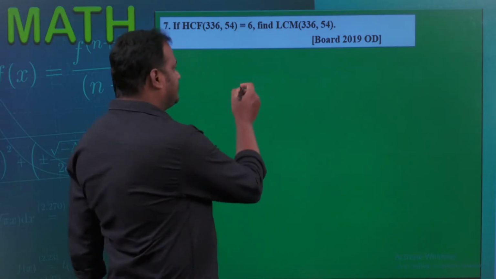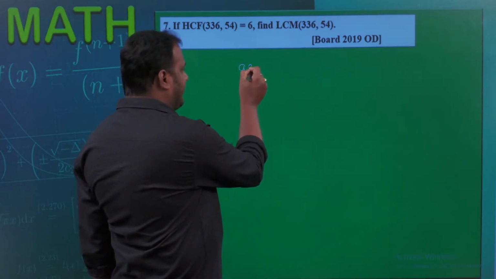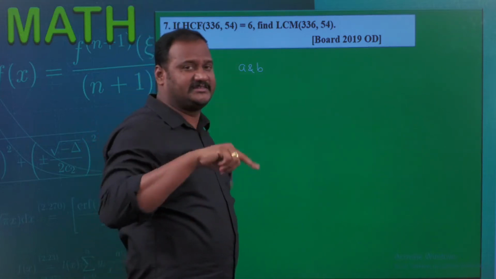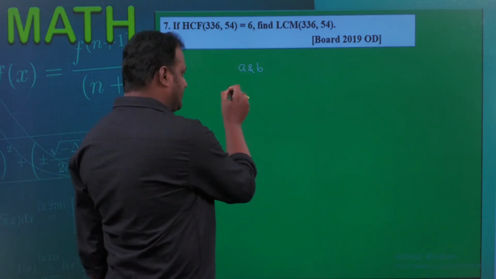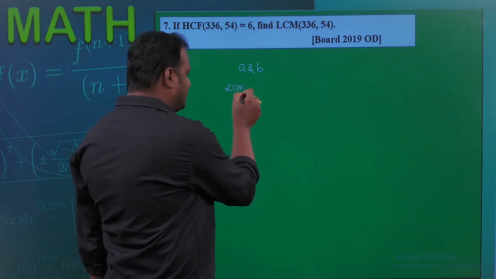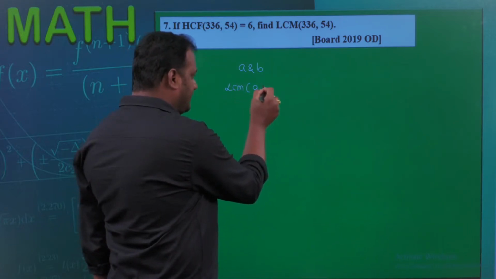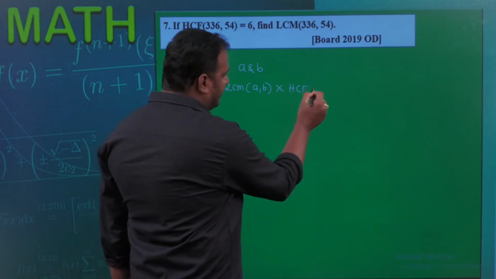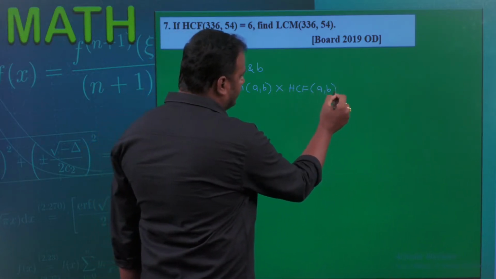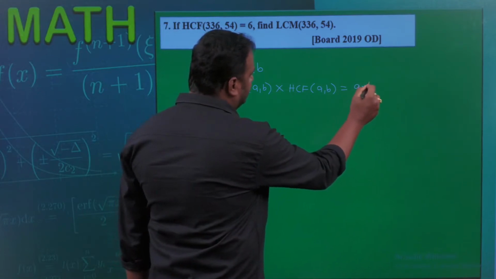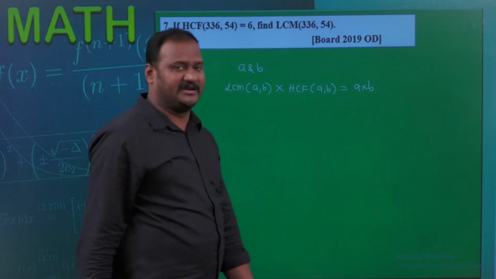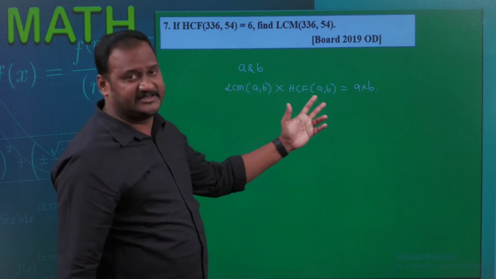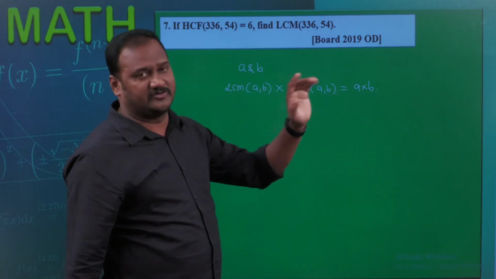If your two numbers are A and B, then the relationship is: LCM of A, B multiplied by HCF of A, B is equal to the product of the two numbers, A multiplied by B. So, LCM of two numbers multiplied by HCF of those two numbers is equal to the product of the two numbers.